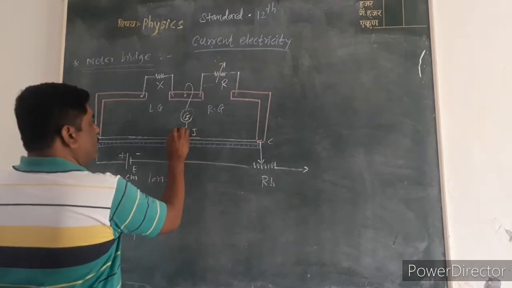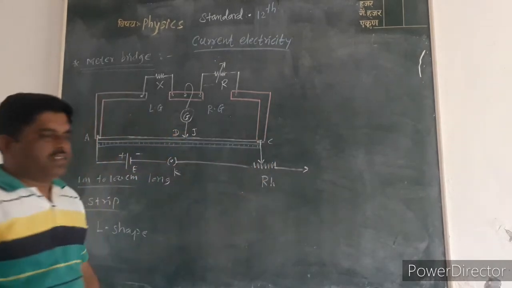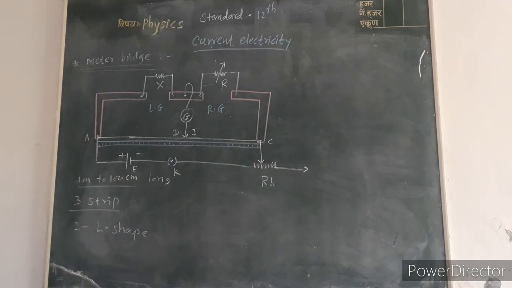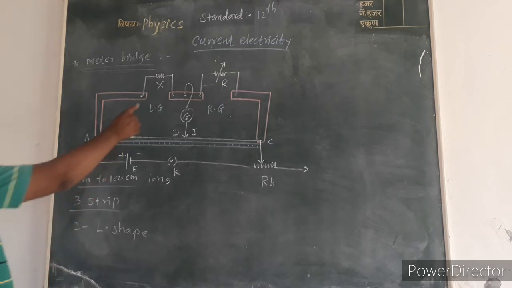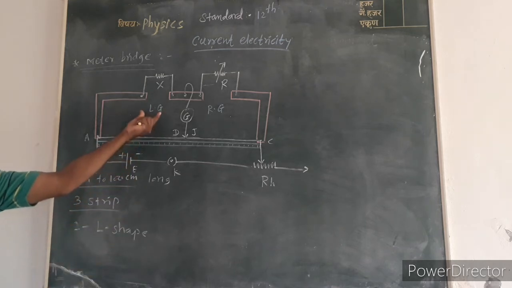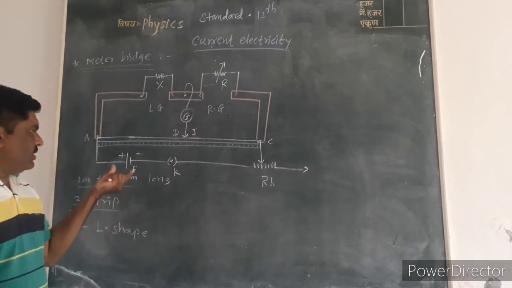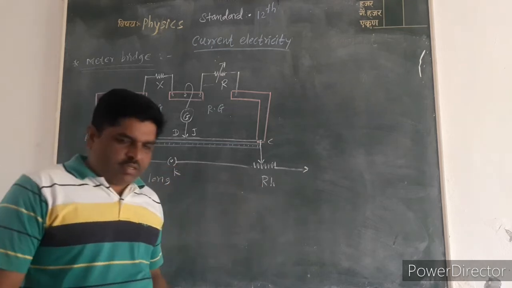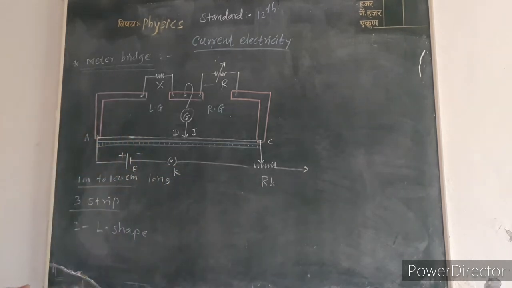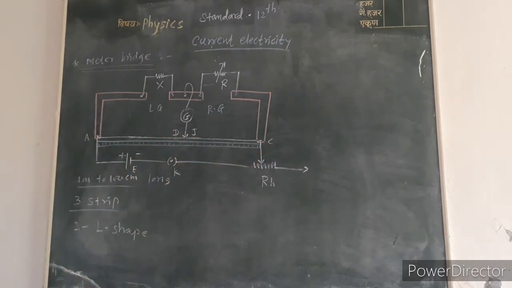Say that point is D, this point is A, and that is C. This is the construction of the meter bridge. The unknown resistance X is connected in the left gap, the resistance box in the right gap, and the cell, plug key K and rheostat RH are connected in series across the wire AC.